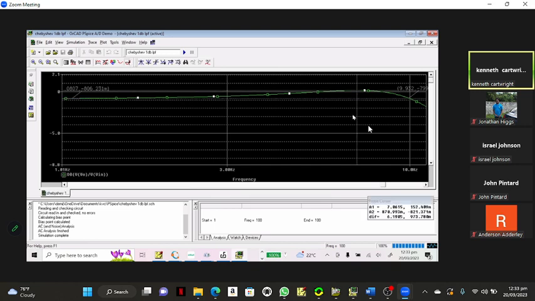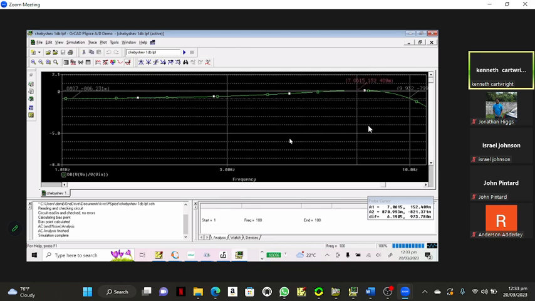The maximum here is somewhere around 152. Yeah, there's the maximum.